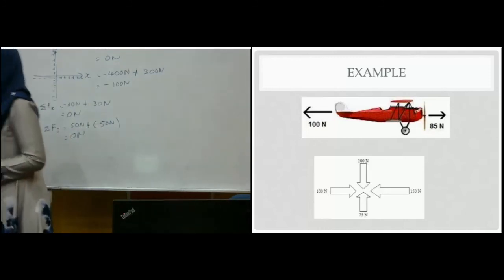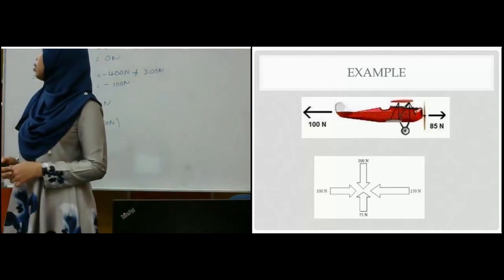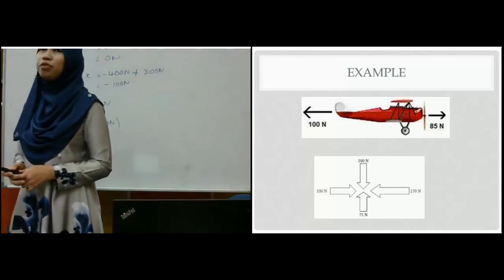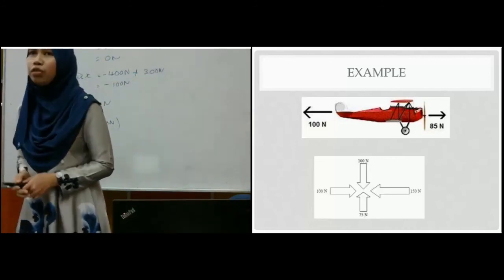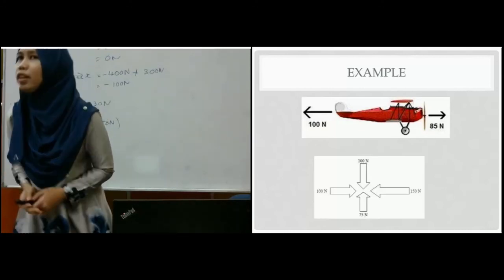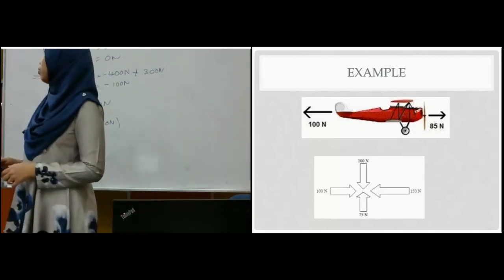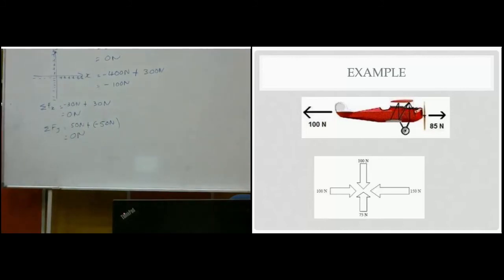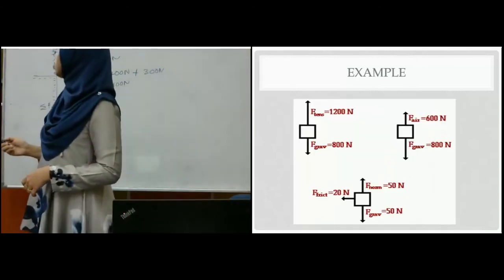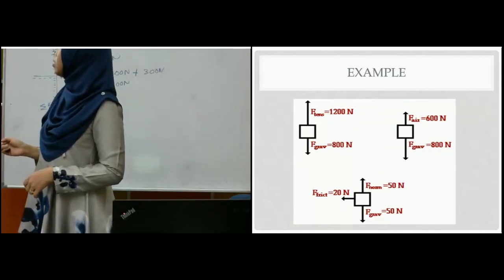Fy is positive 35. Are you sure positive? Negative 35, negative 25. So it will go downward. This is an example of unbalanced force. Alright, this is also unbalanced force.